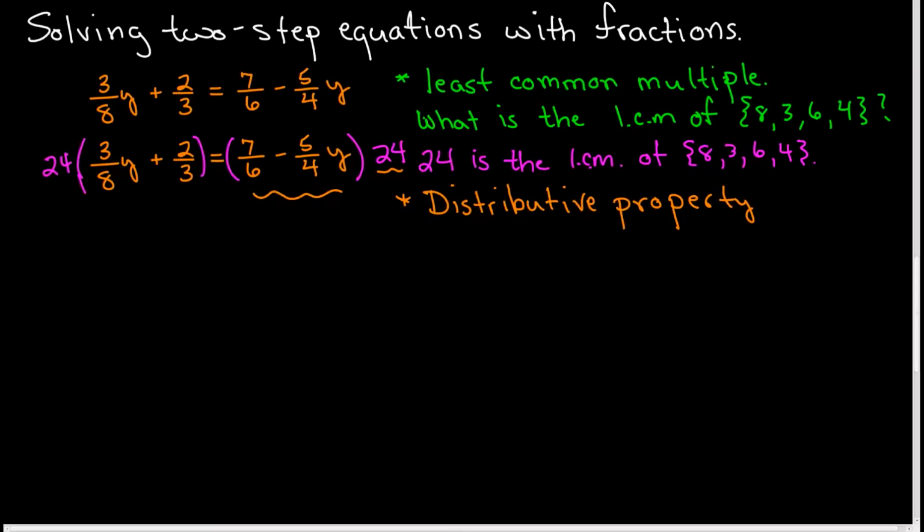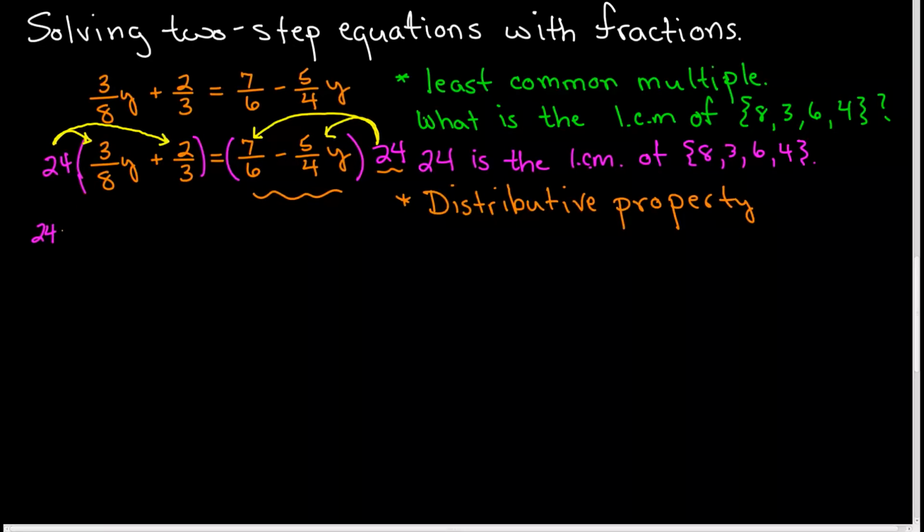So what we're going to do is take our 24 and multiply it by 3/8 y. We're going to multiply 24 by 2/3. Multiply 24 by 7/6. And multiply 24 by negative 5/4 y. So when we write that out, it will look similar to this. And I'll try to retain the colors.